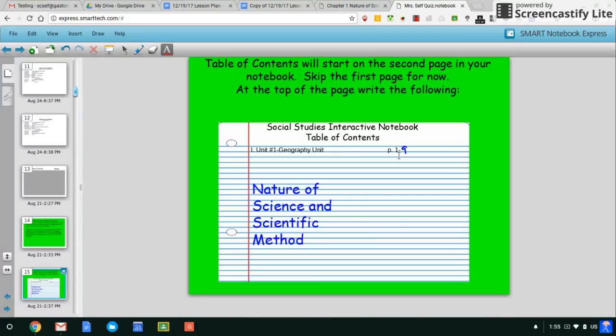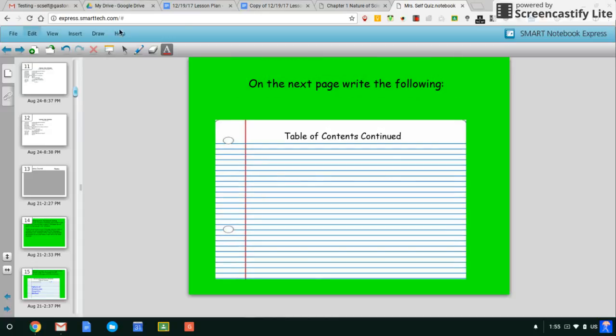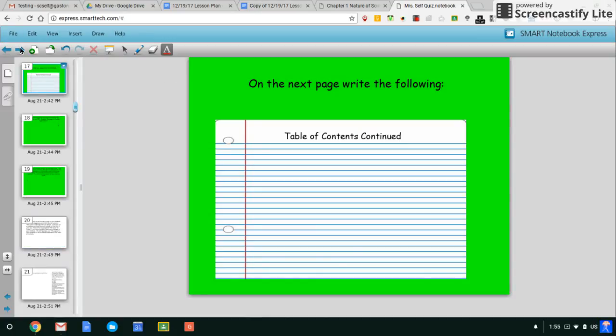Okay, then we're going to flip to the back of that page. On the back of that page, we're going to write table of contents continued. So go ahead and do that now. Then you're going to turn to your next page, which should be a front side. Then you're going to write, again, table of contents continued.